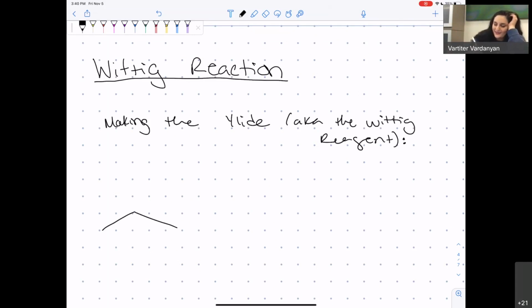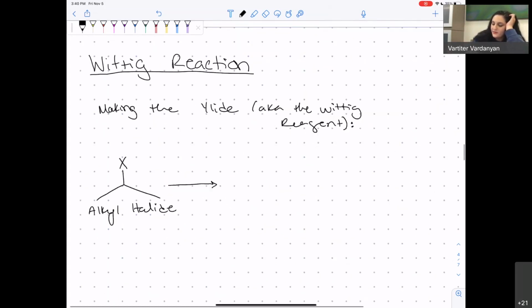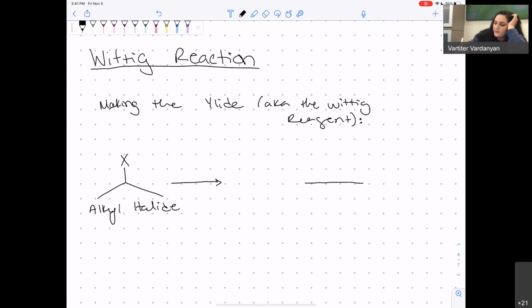Okay, so we're going to have some kind of alkyl halide, and this reaction is going to involve 2 steps. Whenever you see these 2 things in order, consecutively, you know it's this reaction.